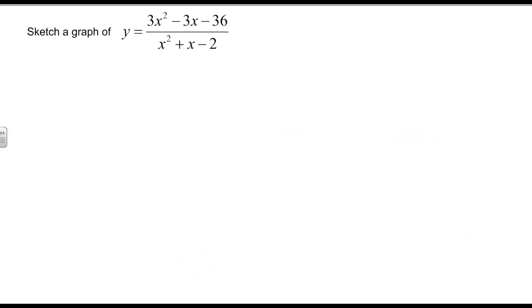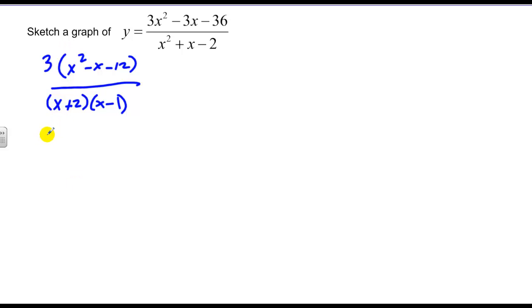In our last example, we got a little bit to do in this, so I'm going to factor away here. In doing so, I pull out a 3. I get x squared minus x minus 12 over x plus 2 x minus 1.